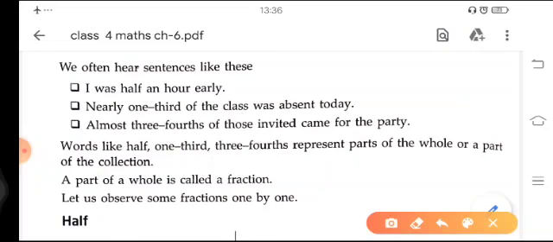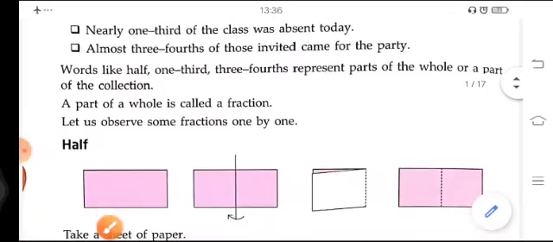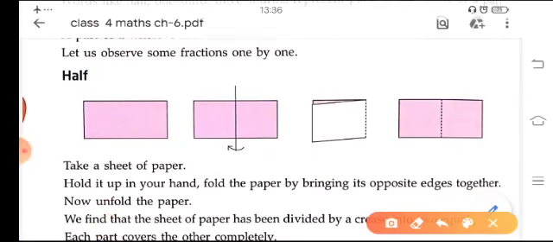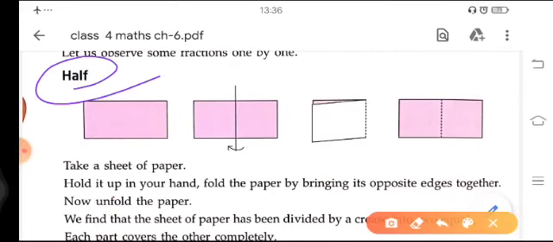So first we will understand what is half. Half means it is one part of two equal portions. If we have a collection of toffees, suppose we have 10 toffees, and I say that I had taken half of the toffees, it means that I had taken 5 toffees.